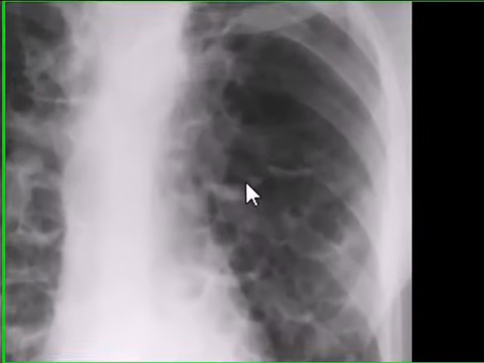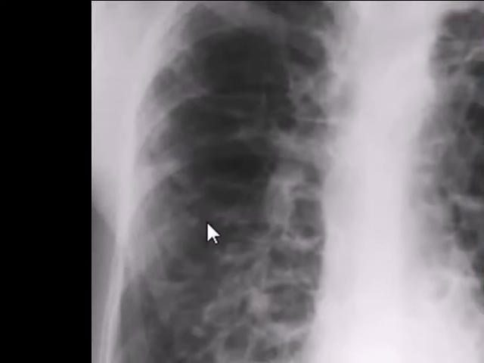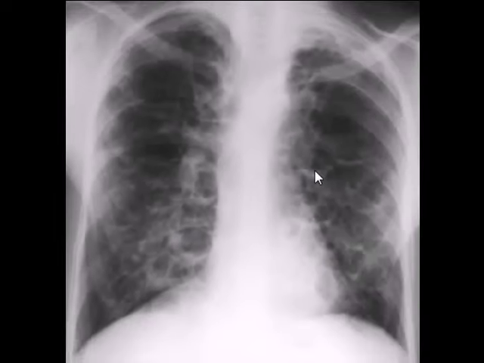Notice some of these cysts, such as this one and this one and this one here, appear to have air fluid levels, and that is the reason for us to believe that the X-ray was taken in erect position, either standing or sitting. If the same patient was to be X-rayed in supine position, you would not see these air fluid levels.